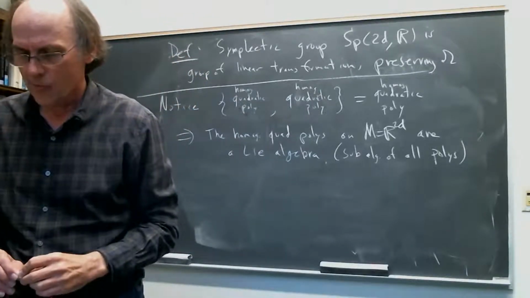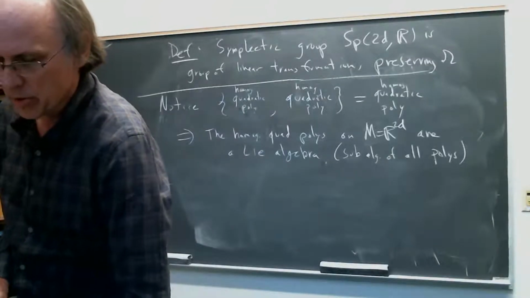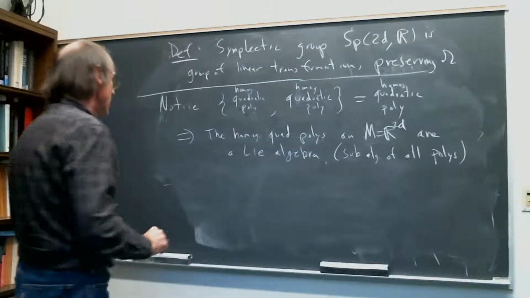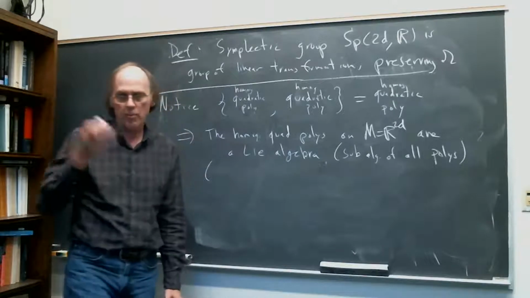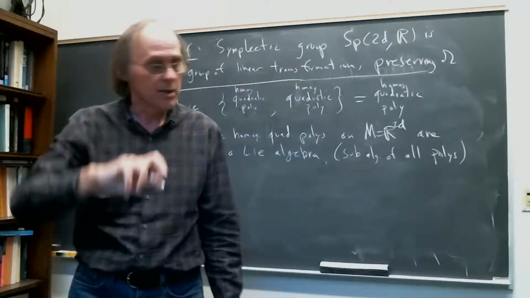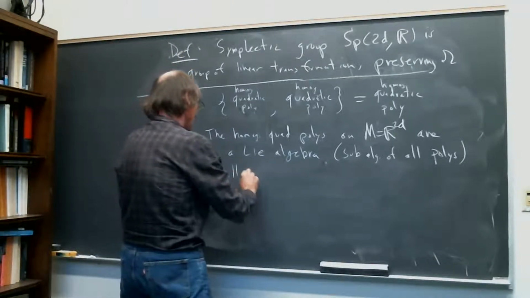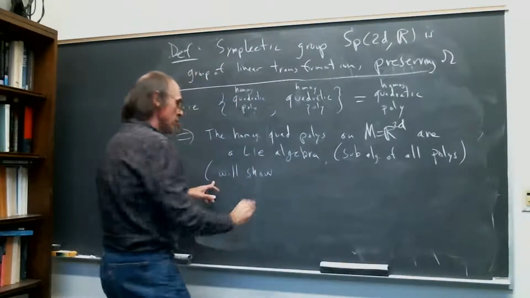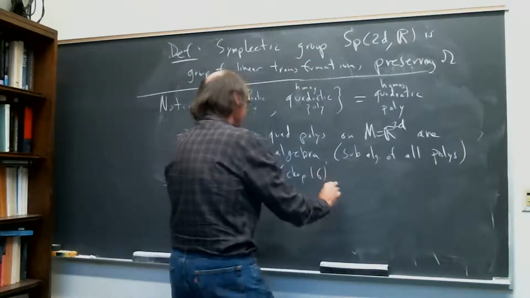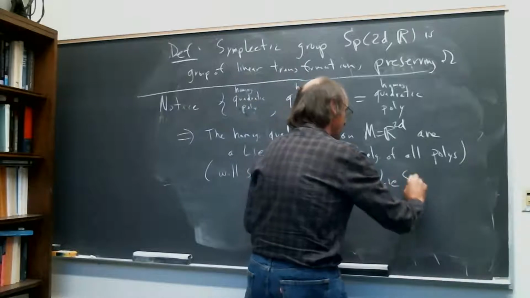Okay, and let's see what I want to do. And part of the point of all these computations in this chapter 16 is to show that this is the Lie algebra of Sp.